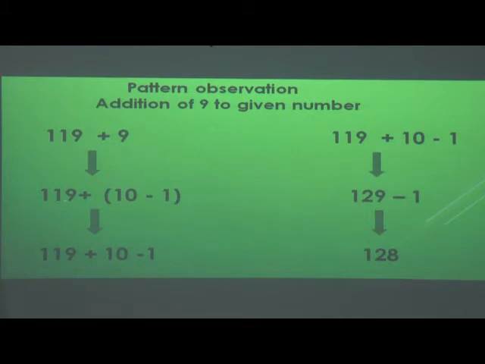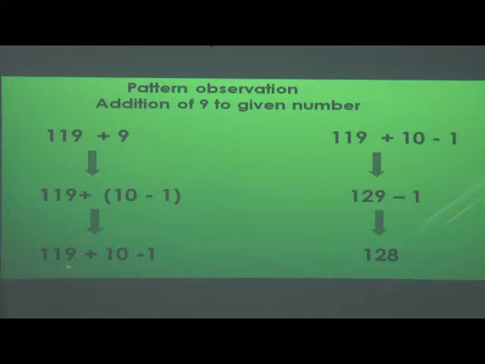Now 119, and in the bracket 10 minus 1. When we solve it, what happens? 119 is as it is here, the symbol is as it is, and then 10 minus 1. What we will do here?